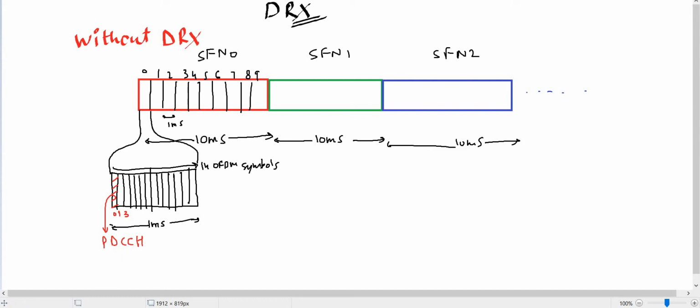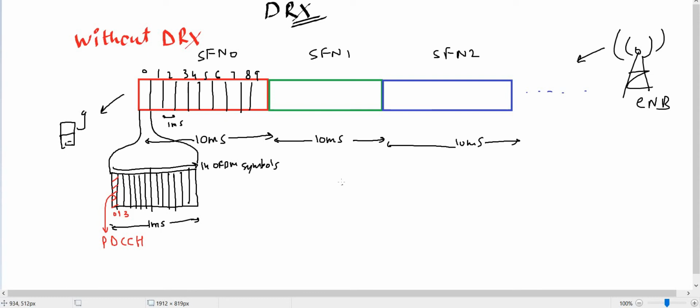Now our UE is present here. These frames are in the downlink direction, and these system frame numbers are transmitted by the eNodeB in the downlink direction. Once these system frames reach the UE, what is the first step that the UE is supposed to do?